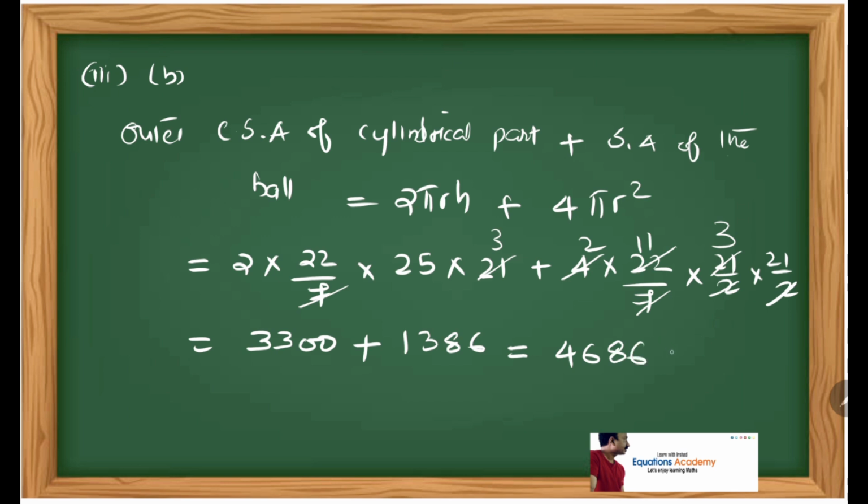Since it is area, unit is square centimeter. 4686 centimeter square is the answer of question number 3B.